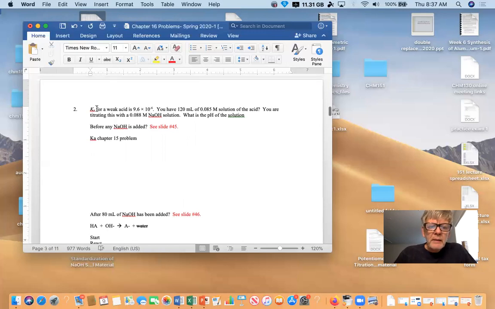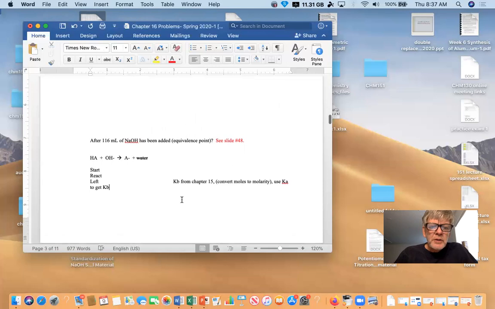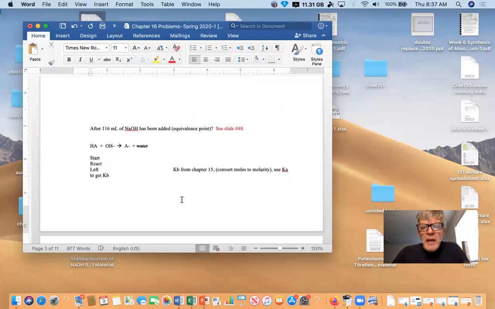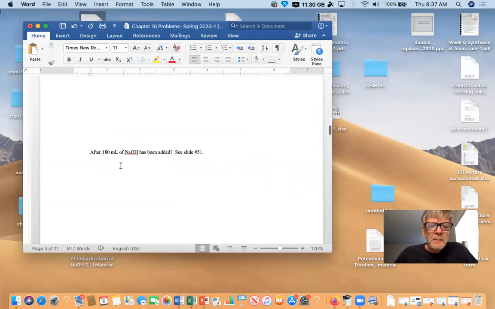But from Ka, we can get the Kb that we need down here, as we saw in chapter 15. Okay. So it's just like the previous question 1, except now we've reversed the titration. Question 1 was a base plus an acid. Question 2 is an acid plus a base. But other than that, the process is pretty much the same.